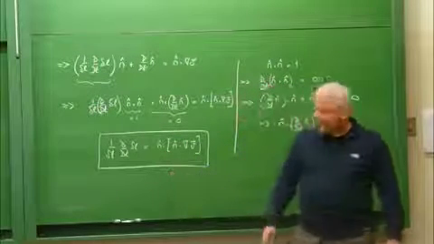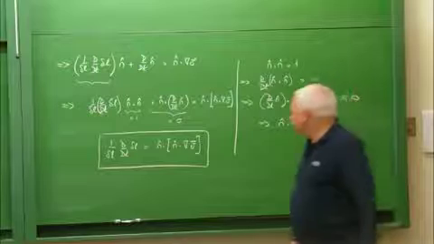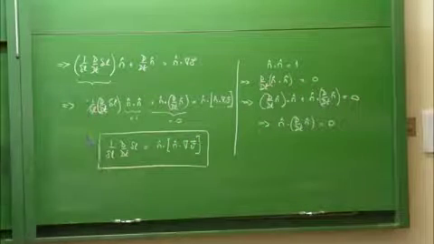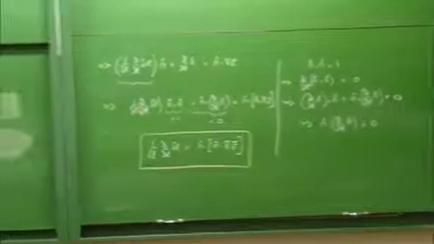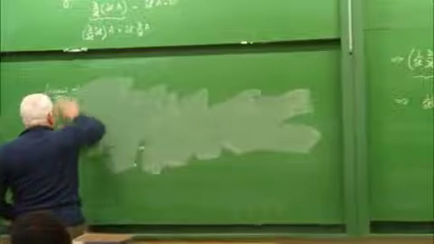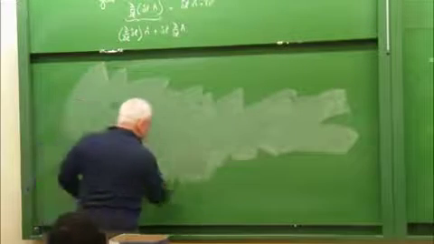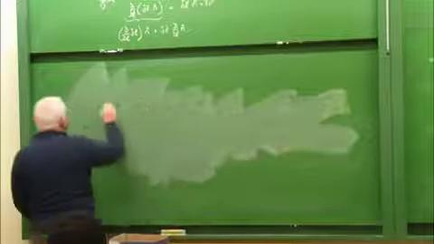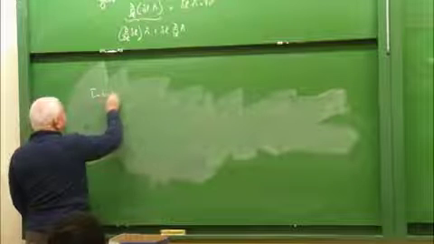Right, the next step is to understand the content of this formula. So let me now look at the right-hand side. The left-hand side we've already interpreted physically. This is the interpretation of the right-hand side.